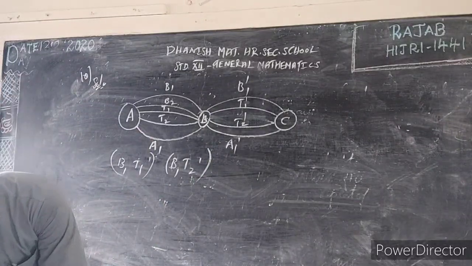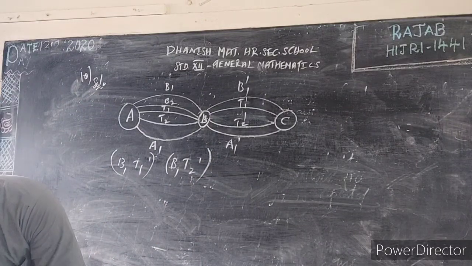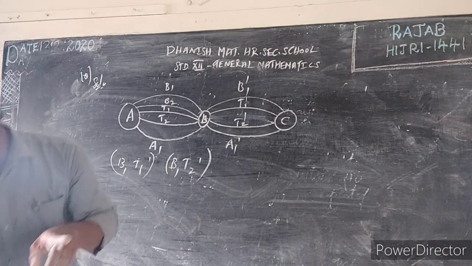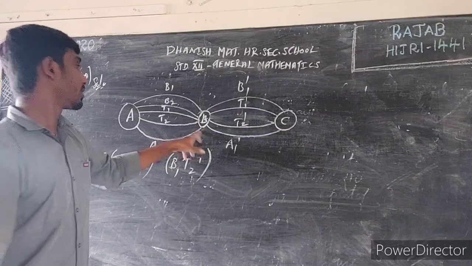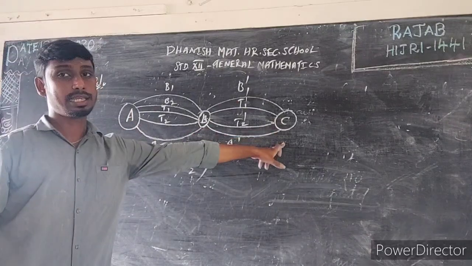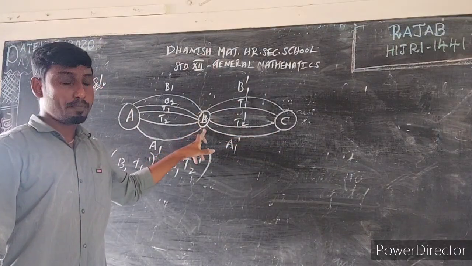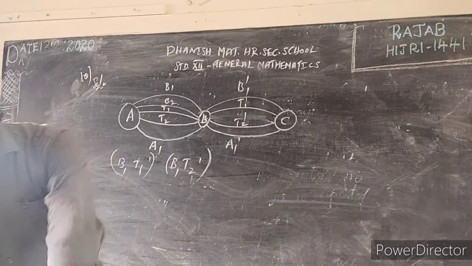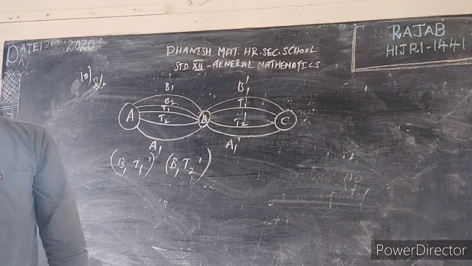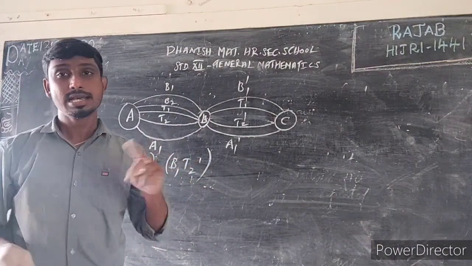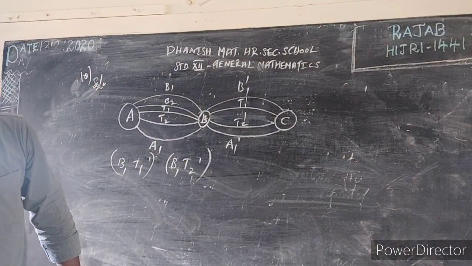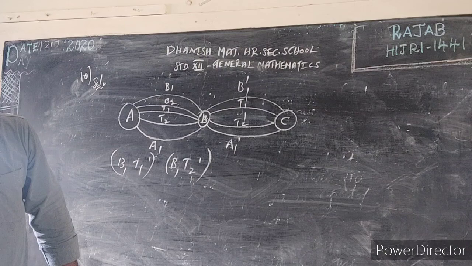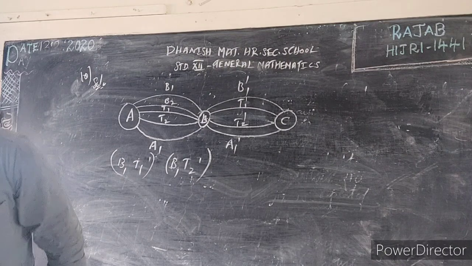So what is the question they are asking here? Find the number of routes of commuting from place A to C via place B, without using similar mode of transportation. So the possible choice of number of routes commuting from A to C via B without using similar mode of transportation.